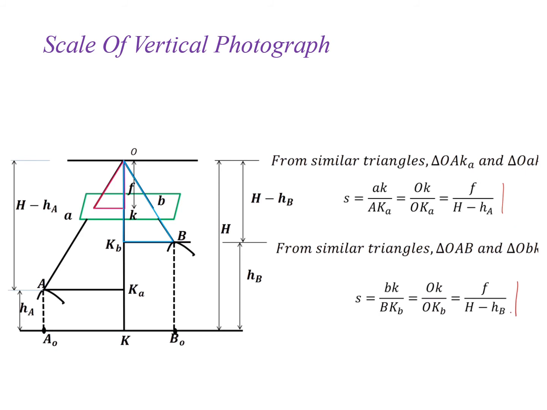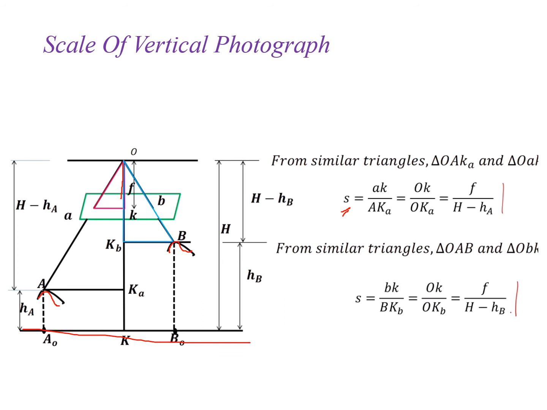The same can be extended. Now there are two different objects, different points. Let us say this is your datum. Now let us say one point A, and another ground point B, which are on either side of this. Now this is your vertical axis. From this again you want to know the vertical photographs.